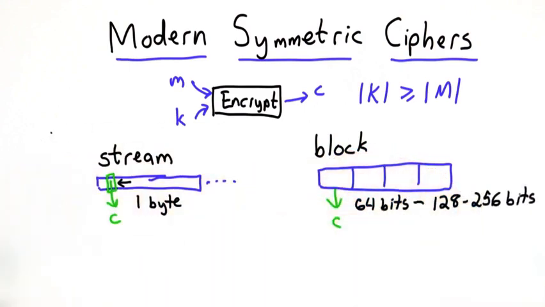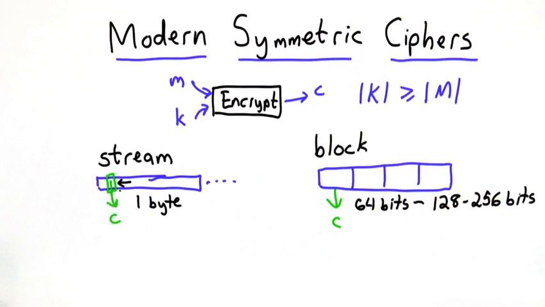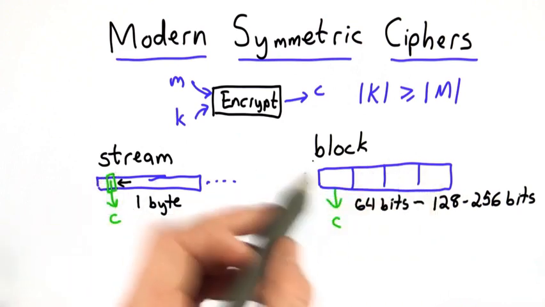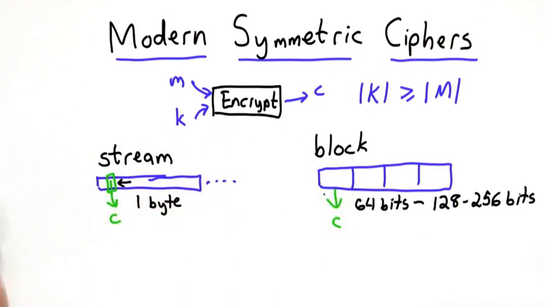These are really the same thing, right? The only difference is changing the block size. If the block size was small enough, it would become a stream cipher. If the block size is large enough, we can think of it as a block cipher. But there's enough differences in the way you build ciphers that different ciphers are designed for each purpose.